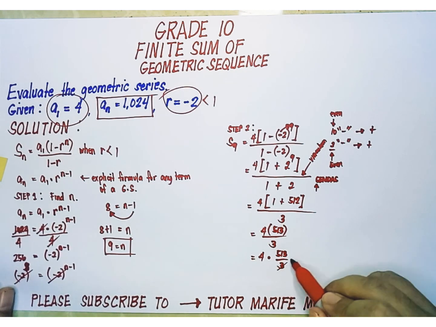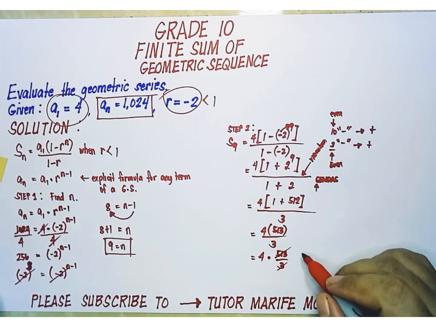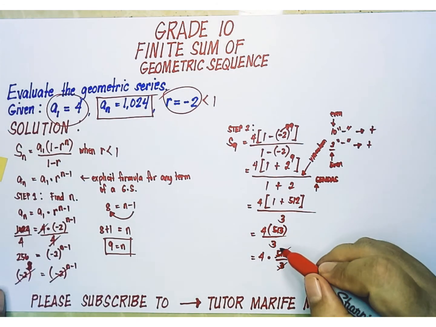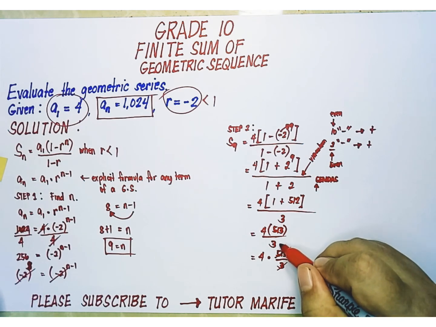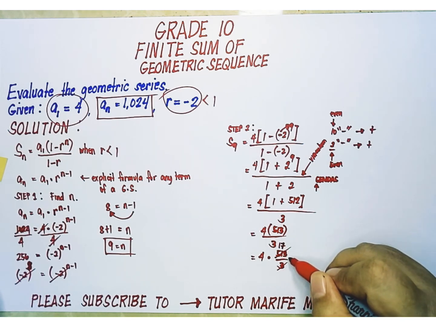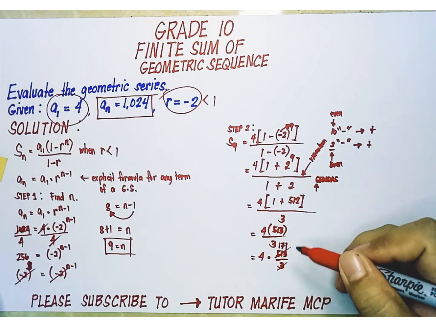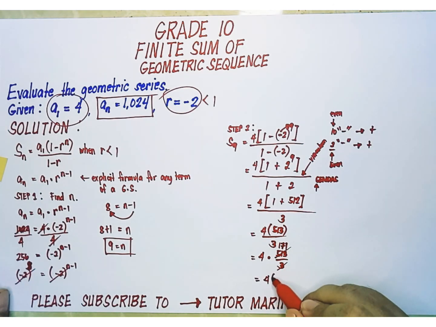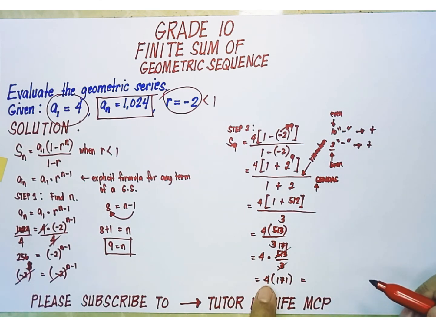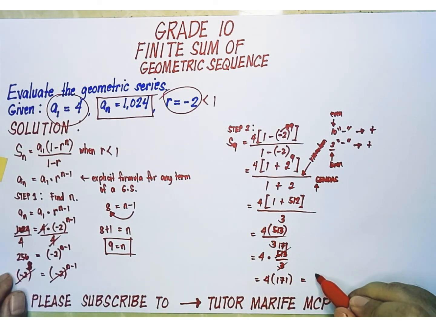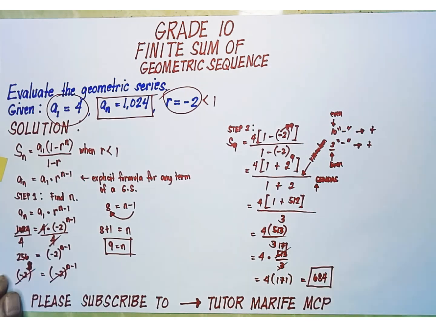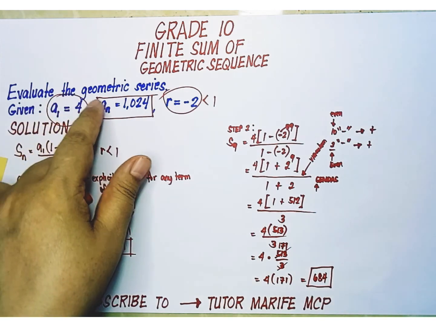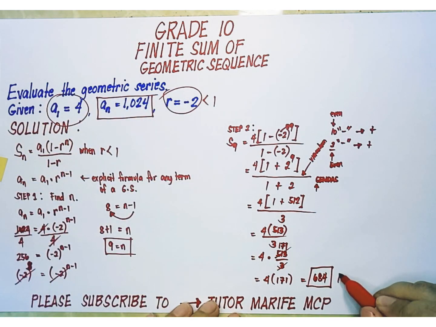So, pwede itong i-divide by 3. And what's 513 divided by 3? 51 divided by 3 is 17. 3 divided by 3 is 1. So, it's 4 times 171, and it's equal to 684. Evaluate the geometric series. This is the final answer.